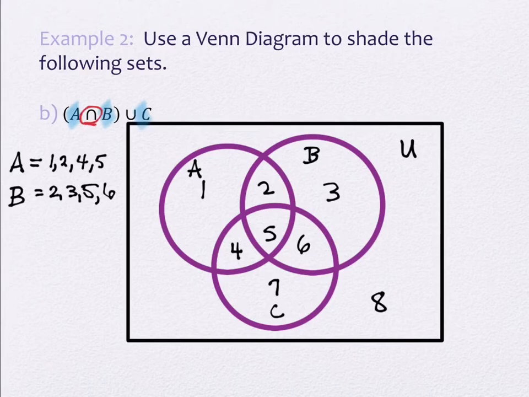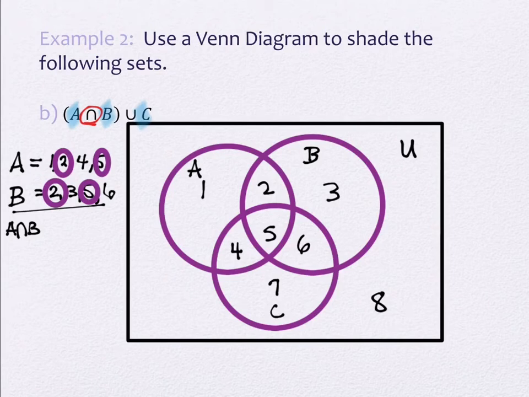And what operation does it say? Intersection. So this is going to be A intersect B. Intersection, remember, means what do they have in common? 5 and 2. They have 5 and 2 in common. So the intersection is 2, 5, or 5, 2.